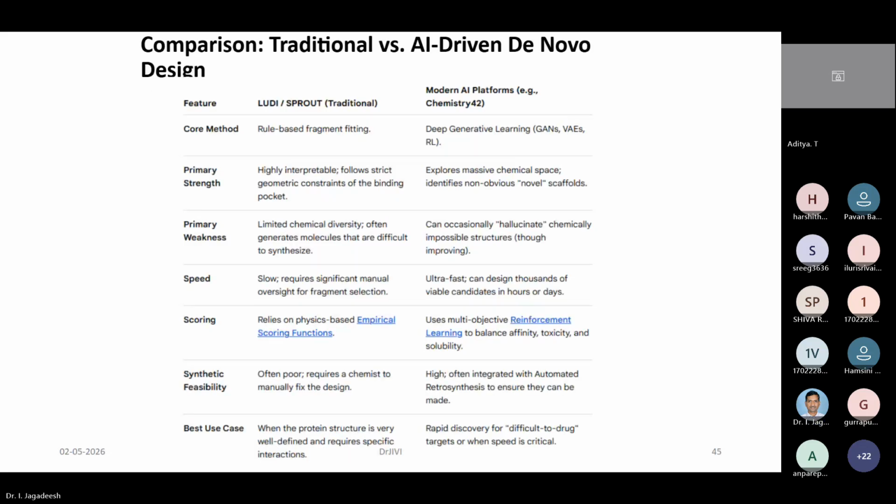Now we have to compare de novo drug design by traditional methods, that is, what we are using classically in age-old phenomena, versus AI-driven de novo design, where we have computers now and advances in generative artificial intelligence. So what is the comparison?